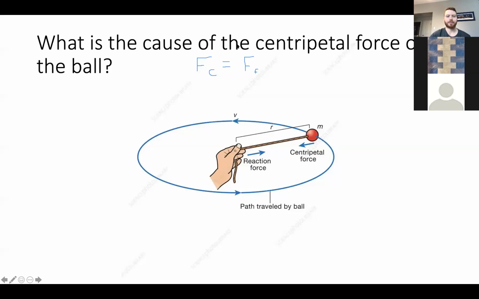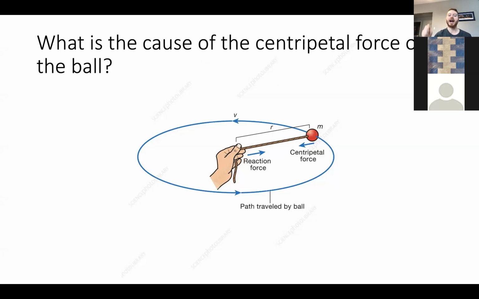Okay, so as we discussed earlier, the centripetal force is not some magical force that is just there that makes an object rotate in a circle. The centripetal force is a generic term used to describe whatever force is keeping that ball or bob or object rotating in a circle.